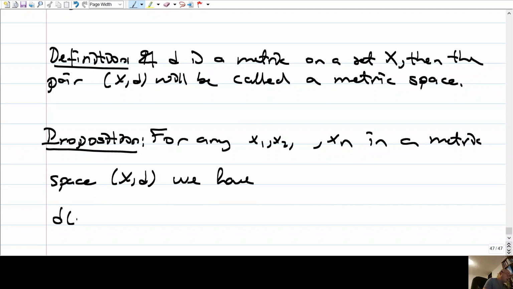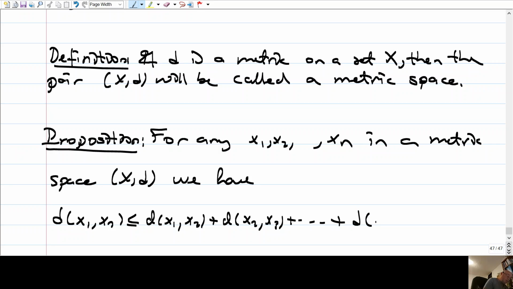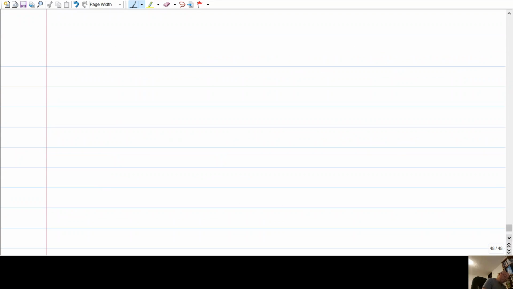The distance from x1 to xn is less than or equal to the distance from x1 to x2, plus the distance from x2 to x3, and so on up to the distance from x(n-1) to xn. Okay.